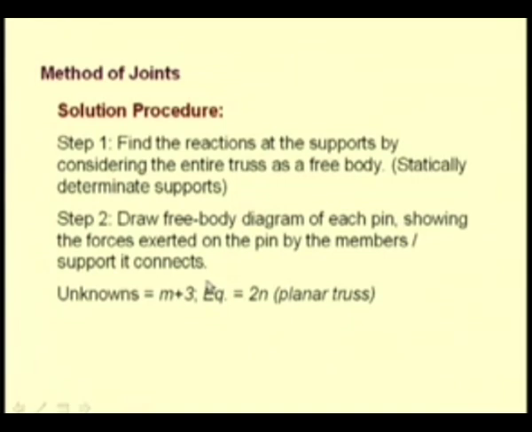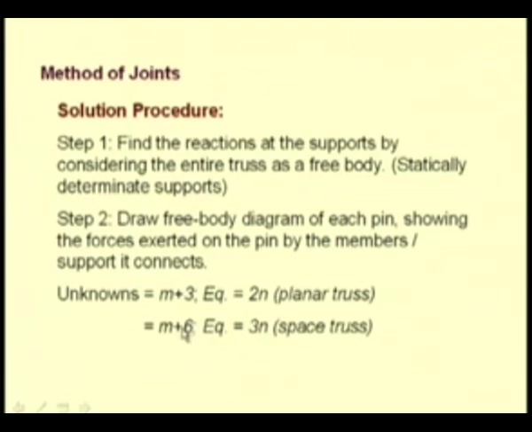Here we will see that for a plane truss, if we have m number of members, then we have m number of unknowns plus 3 external reactions to be determined, and the number of equations from the joints will be 2n, and thus for the problem to be statically determinate, m plus 3 should be equal to 2n. In 3D, the force summation equation at each joint results in 3 scalar equations. Thereby, we can determine 3 unknowns for each free body diagram of a joint.